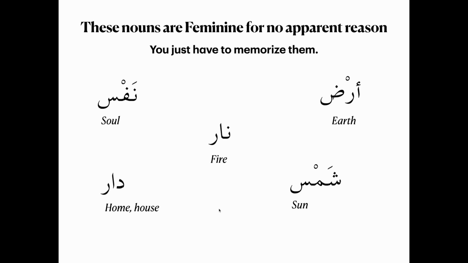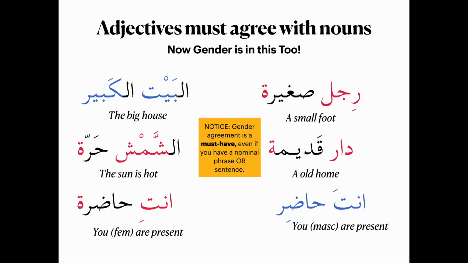This is why we have gender in the first place. Adjectives must agree with nouns in terms of gender, regardless of whether you're making a nominal phrase or a sentence. So remember, if your adjectives and nouns agree in definiteness, you have a nominal phrase, and if they don't, you have a sentence in Arabic.